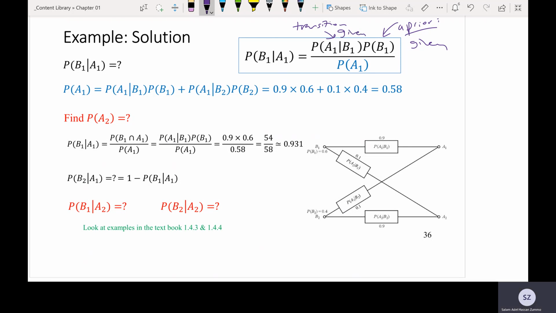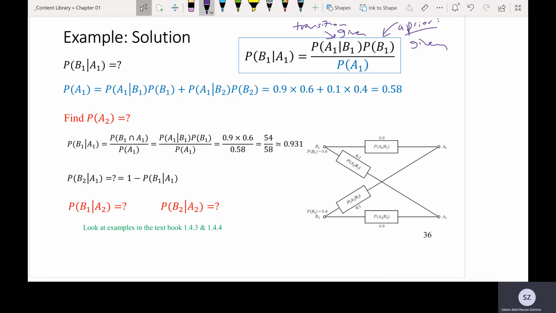What we don't have is this and this. The probability that, given that I received 0, that what I sent was 0, is found by applying Bayes rule, which is the probability of A1 given B1 multiplied by the probability of B1, divided by the probability of A1.